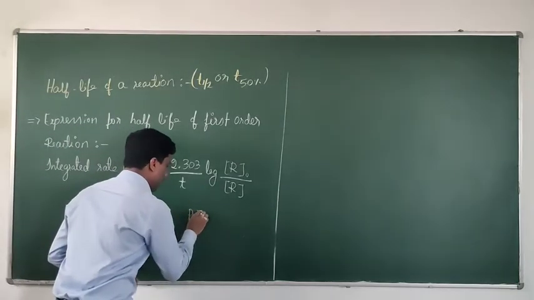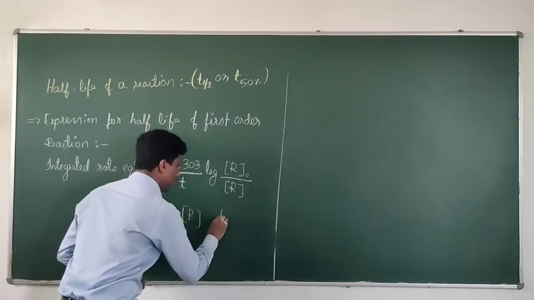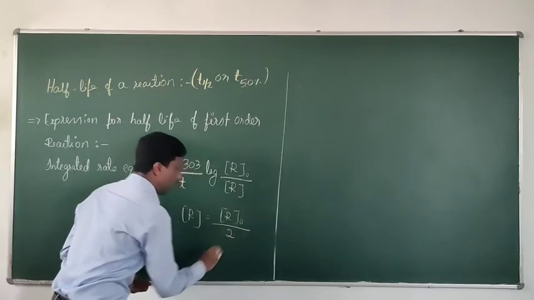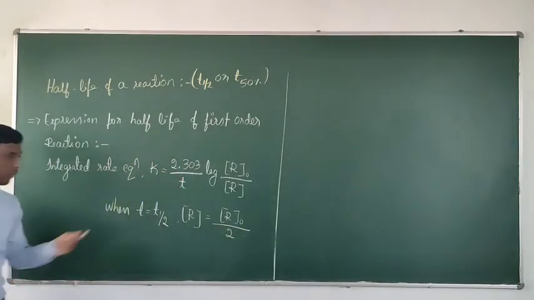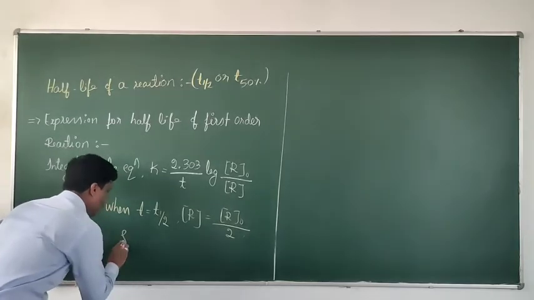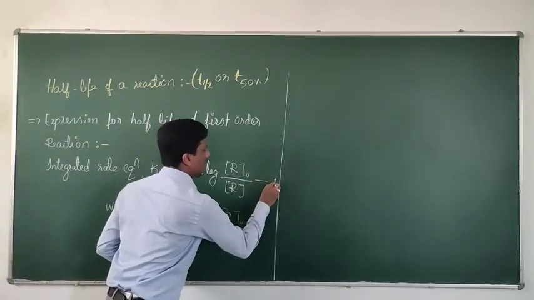Again, R is equal to R naught divided by 2, or 1 by 2 into R naught. Let this be equation number 1.